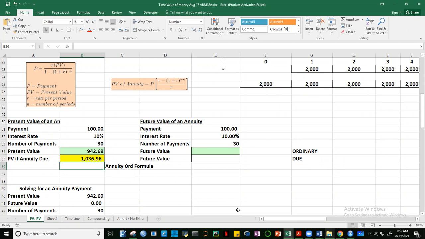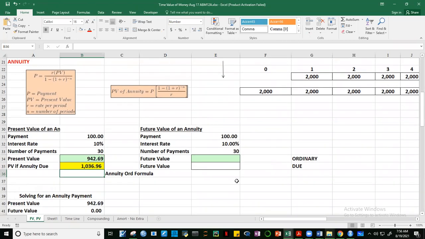Okay, for an annuity, may formula tayo to get the present value. Okay, so bago natin i-compute yung future value niya, let's follow the formula for the present value of an annuity. Okay, so what's the formula, guys?